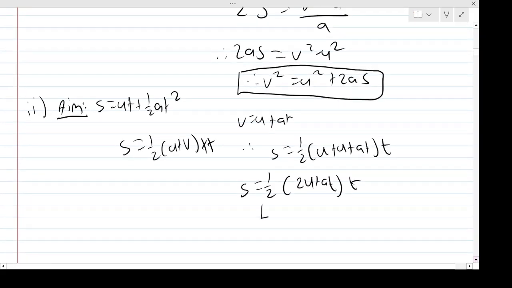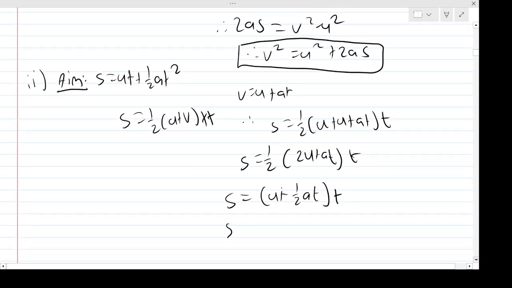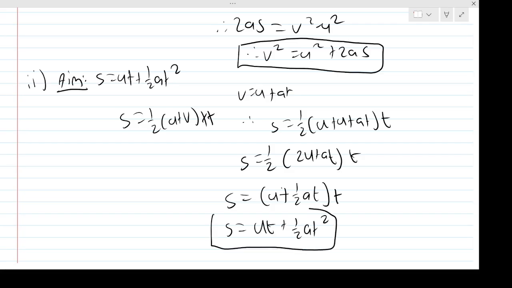Then if I expand the brackets, s is a half times 2u. A half times 2 is 1, so it's just u, plus a half at, times by t outside. Then if I times by t at the end, s is going to be ut plus a half at squared, if I multiply everything in the bracket by t. And that is what I wanted to get.